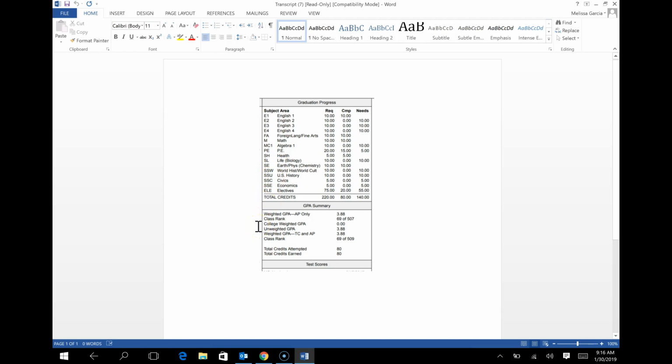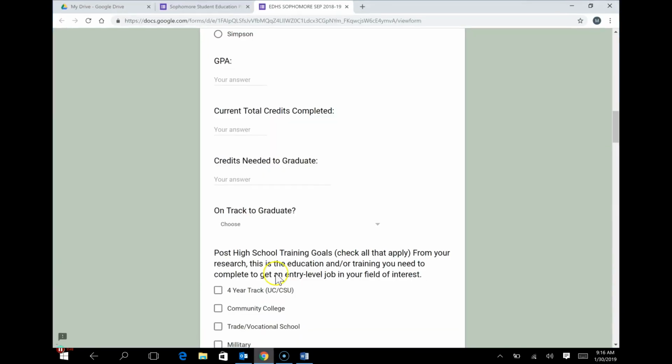No extra bump in the GPA for any AP courses. Then the weighted GPA, TC, and AP, and this is counting any community college and AP courses, giving them the extra bump in here. And so this student is at 3.88 at this point here. And then that class rank is listed below that, so that is a class rank based on the weighted GPA, TC, and AP.